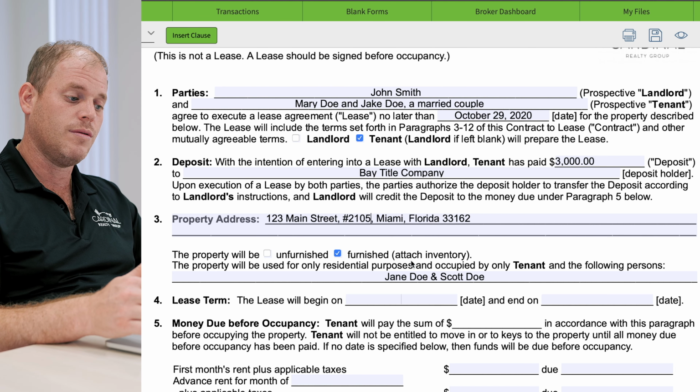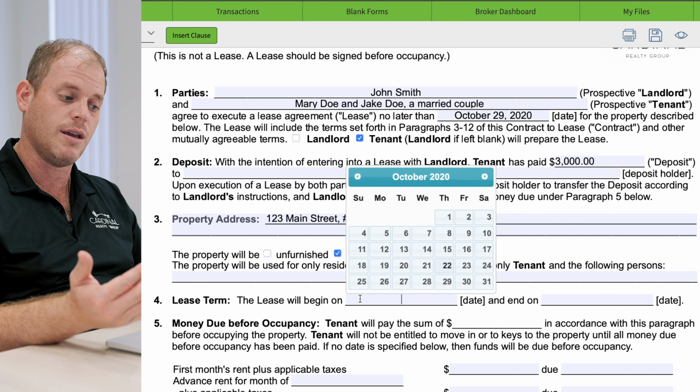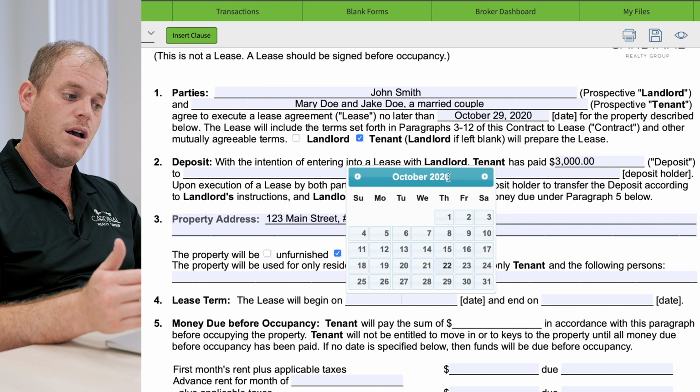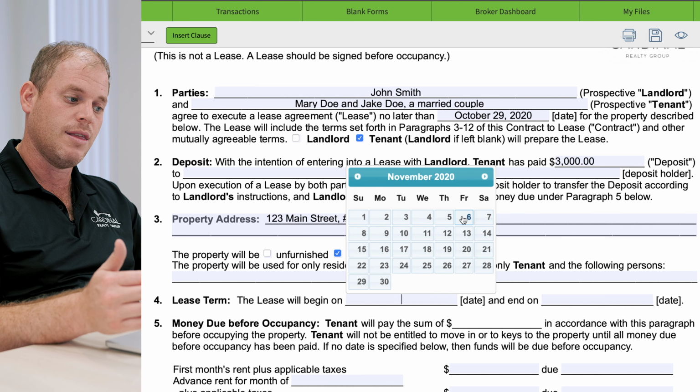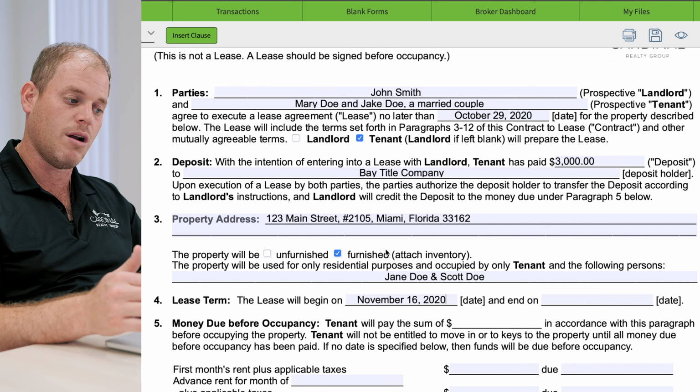So we gave ourselves a few weeks. Today's October 20-something. We're going to give ourselves till November 15th. That's going to be November 16th, Monday the 16th. That's going to be when our lease begins.